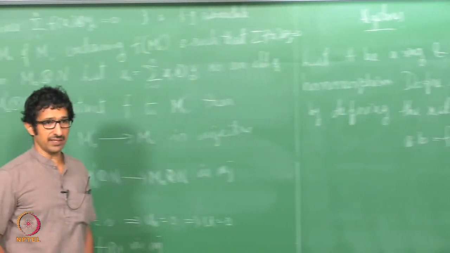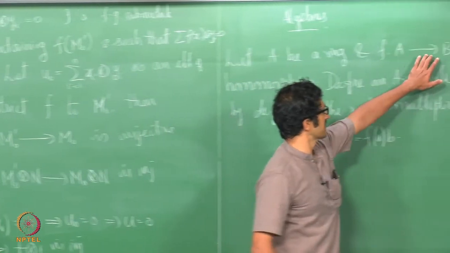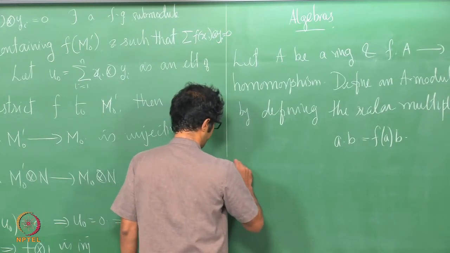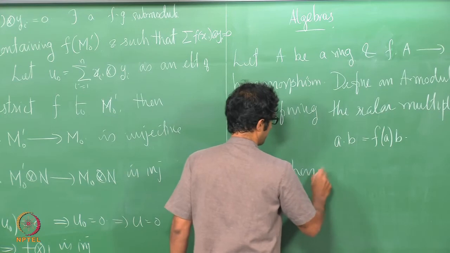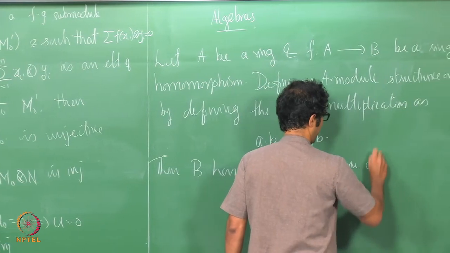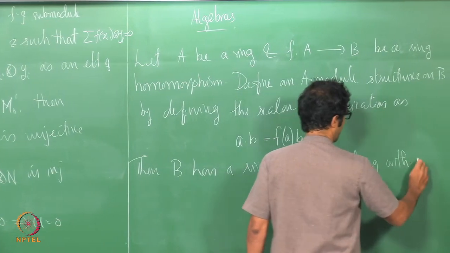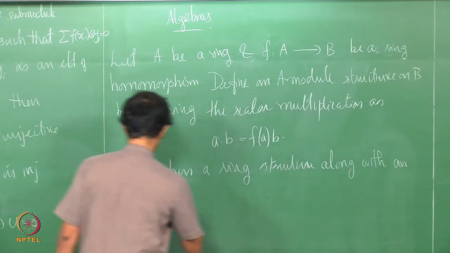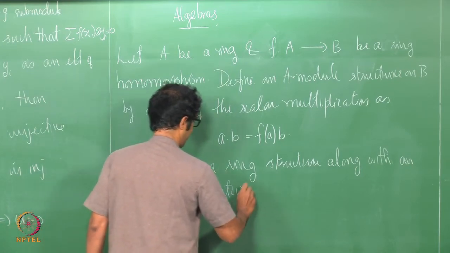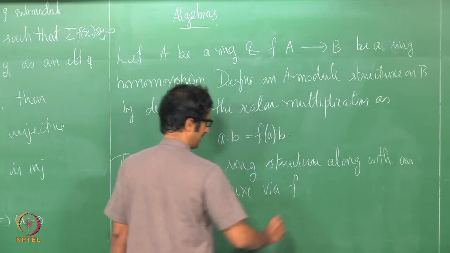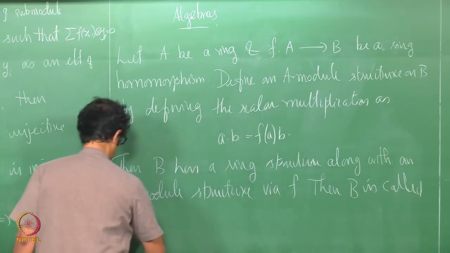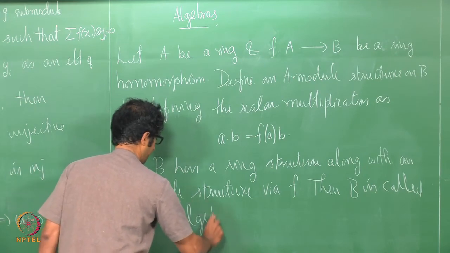So any ring B with a homomorphism like this, along with an A module structure via f, is called an A algebra.